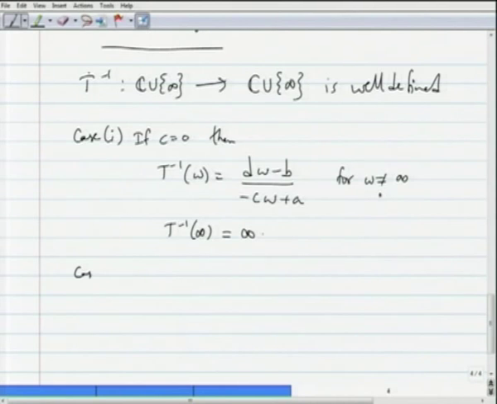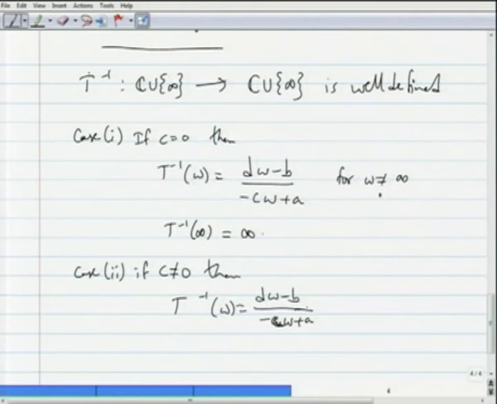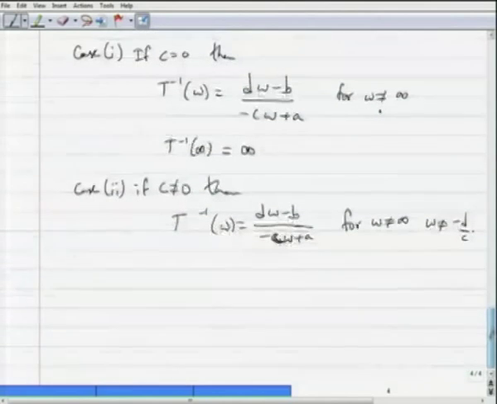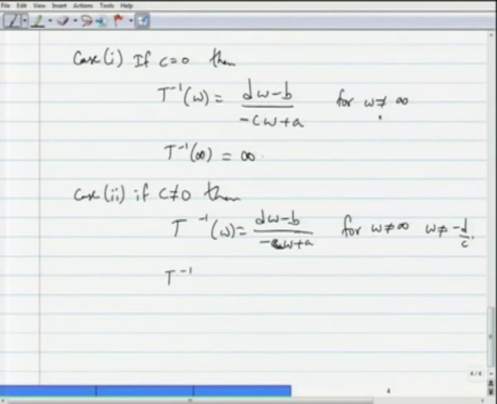Okay. And case 2, if C is not equal to 0, then T inverse of W is once again (dW minus B) by (minus CW plus A), and this is true for W not equal to infinity and W not equal to minus D by C, and T inverse of infinity is A by C and T inverse of minus D by C is infinity.